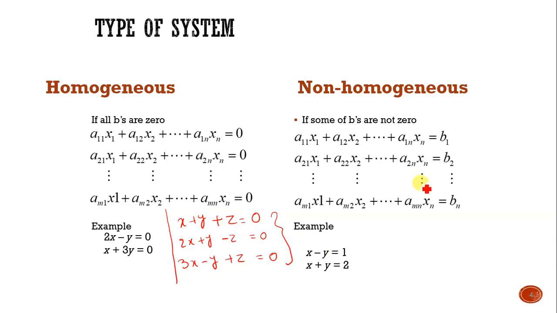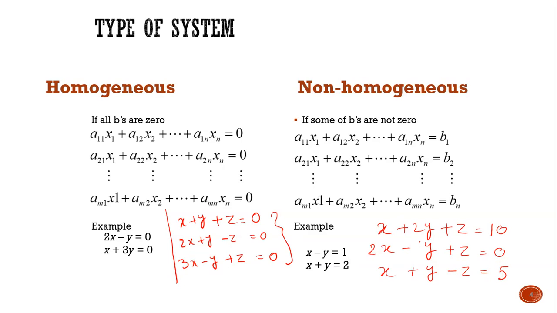In a non-homogeneous system, the bi's are non-zero. In 3 variables we have one example: x plus 2y plus z equal to 10, 2x minus y plus z equal to 0, and x plus y minus z equal to 5.